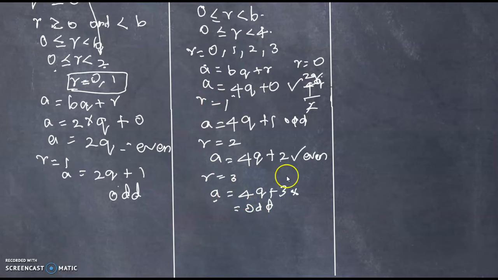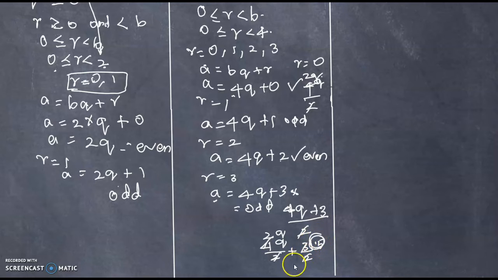So for example, if you want to check this, 4Q plus 3 divided by 2 is 4Q by 2 plus 3 by 2, which means here it's 2Q, whereas here it is 1.5.